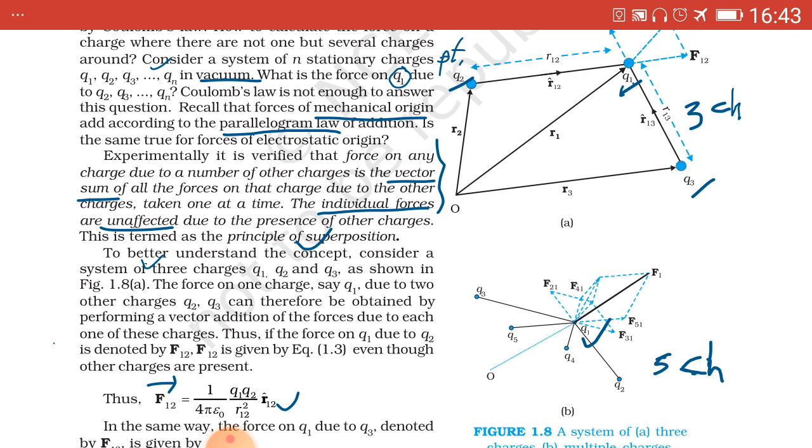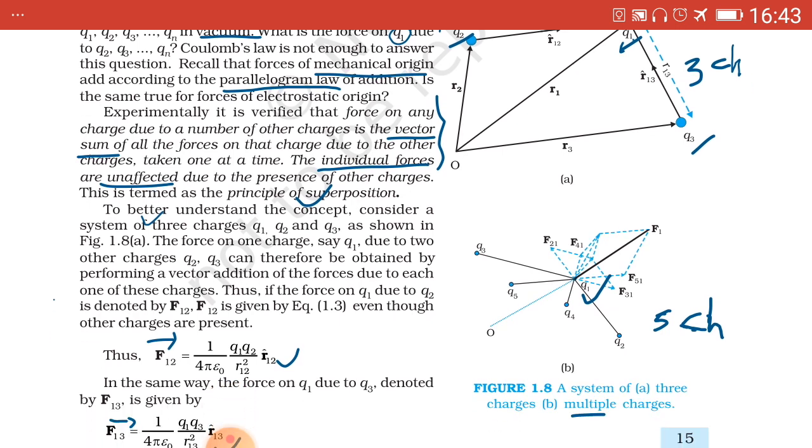Now if the force on Q1 due to Q2 is denoted by vector F12, then vector F12 equals k Q1 Q2 upon r12 square into r12 hat, where r12 hat is the unit vector.